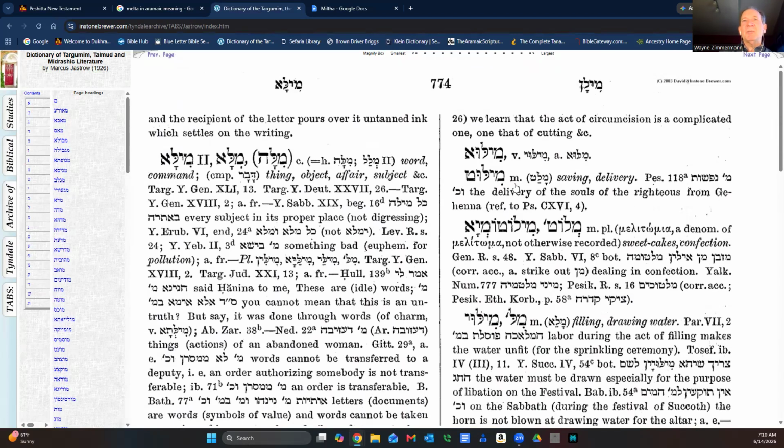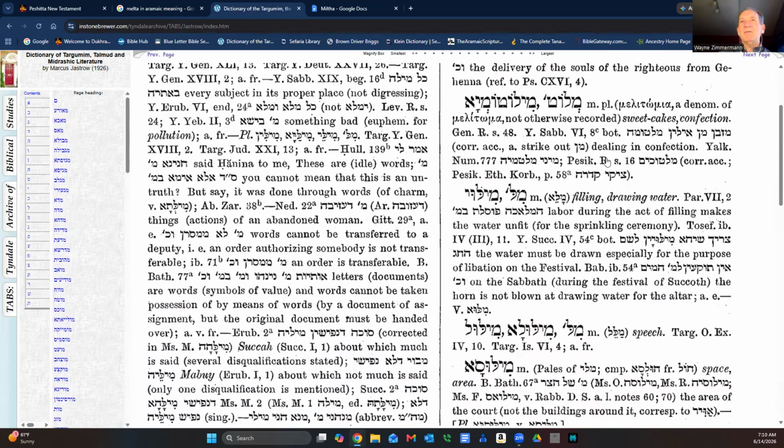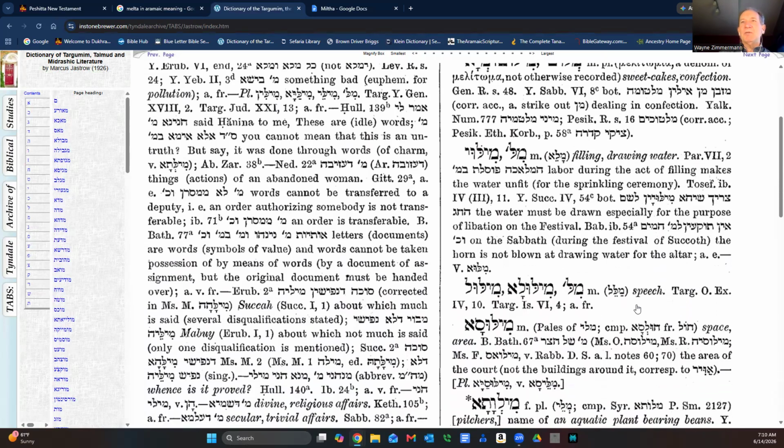Also, here is milut, which is the word for saving or delivery, being very close to meaning and tied in with that. And of course, that is God's plan and purpose, to save and deliver. It's also filled in with mili, for filling or drawing water. Another word for mili is speech.